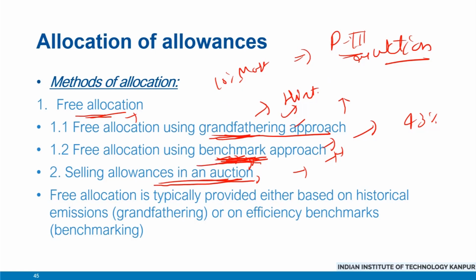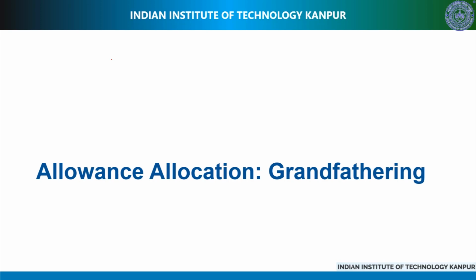Almost 40% of allowances were allocated through this method. However, gradually free allocation was reduced and there was more reliance on the auction method from phase 3 onwards. The benefit of the auction method is that there are extra incremental revenues and more competitive price discovery happens. In the next few videos, we'll discuss the grandfathering and benchmarking approaches. In this video, we'll introduce the grandfathering approach to allowance allocation.